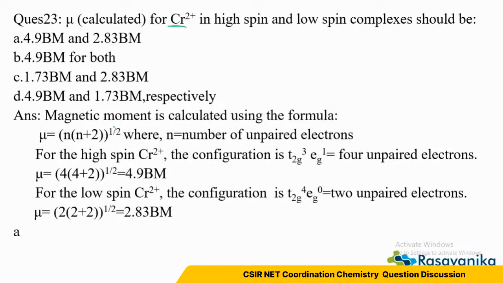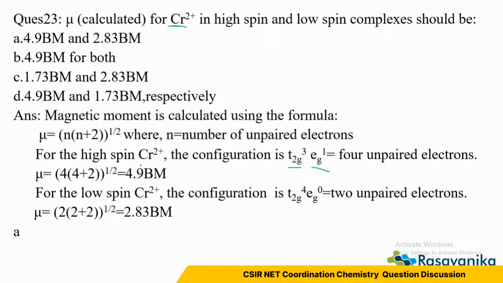You can see that the magnetic moment is calculated using the formula mu, which is your magnetic moment, and it has a unit of Bohr magneton, root under n plus 2, where n is the number of unpaired electrons present in the t2g and eg orbitals, right?